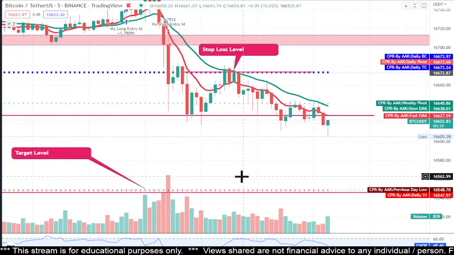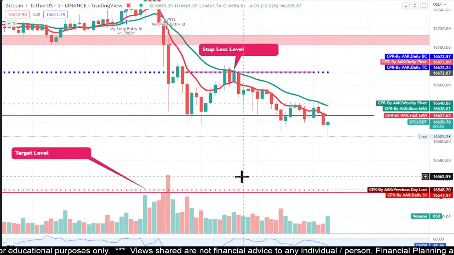Since we are trading in the perpetual futures of the Bitcoin and USDT asset, we can definitely be patient and wait for the target to be achieved.